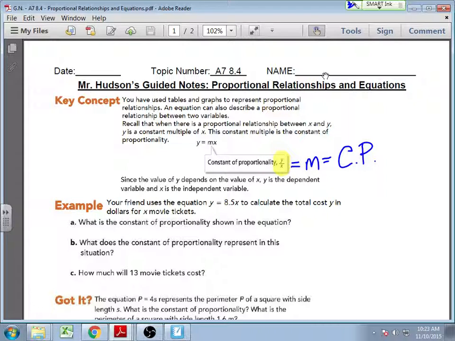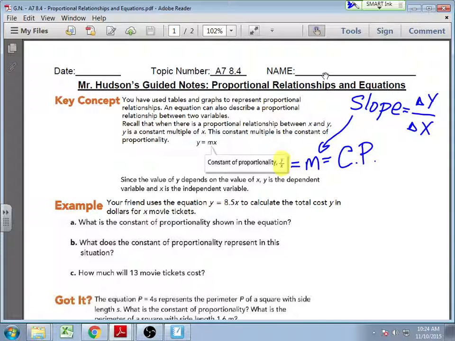It makes sense to use M. M is also the slope. So your constant of proportionality is the slope of the graph. And the slope can be represented by the change in y over the change in x.